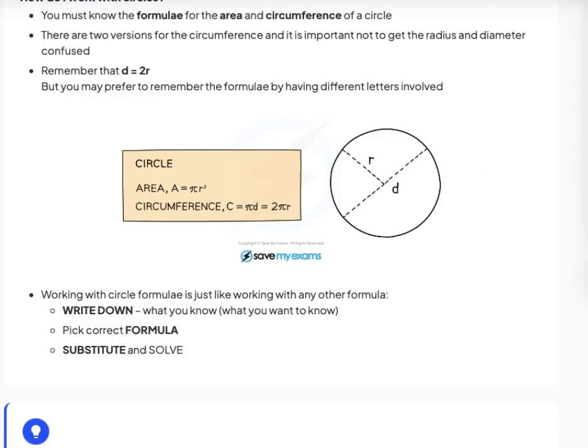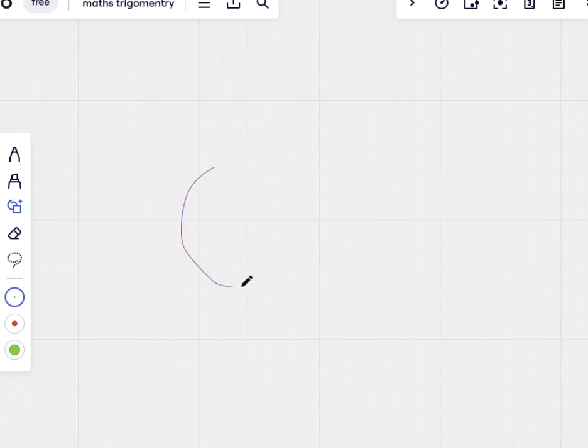We can show this by saying if we have a circle. Okay, here is our circle.